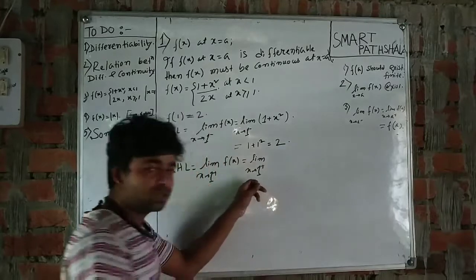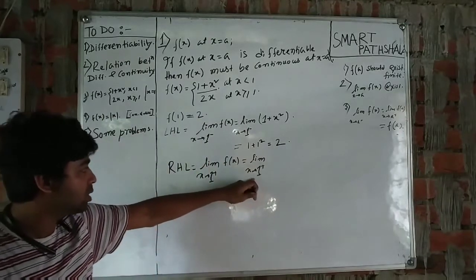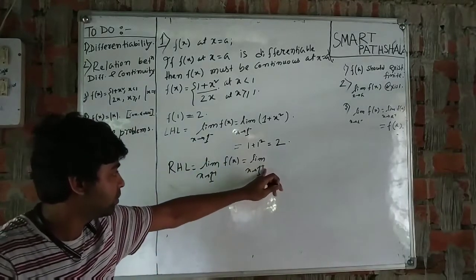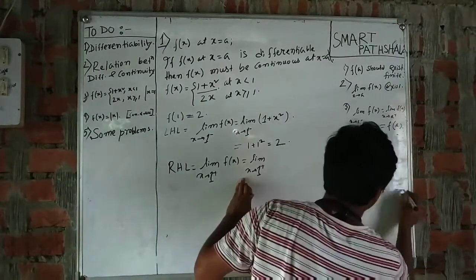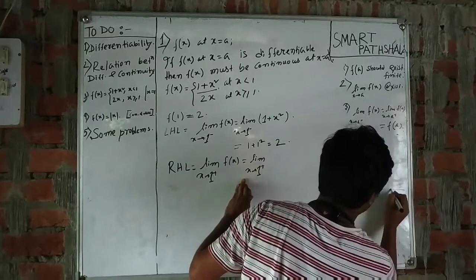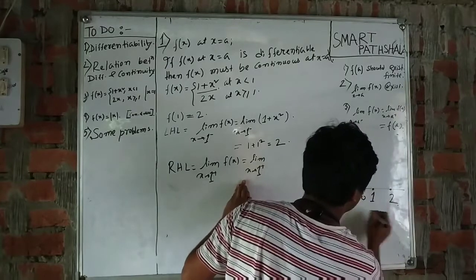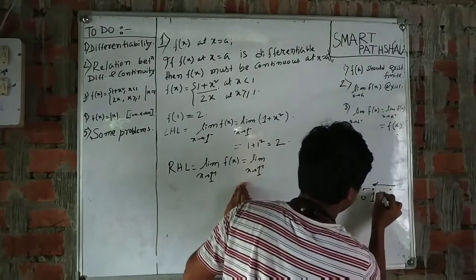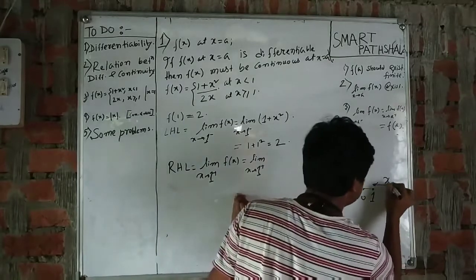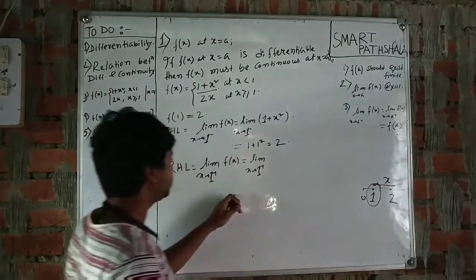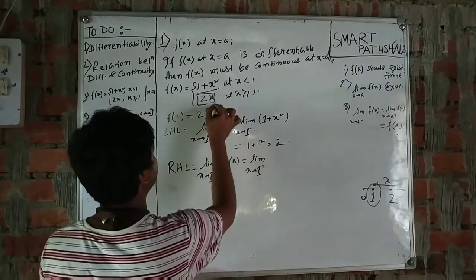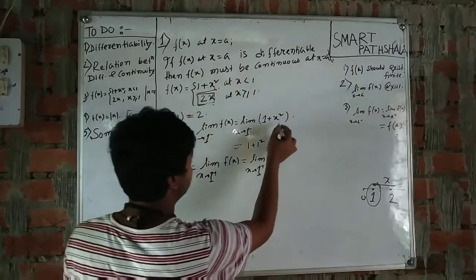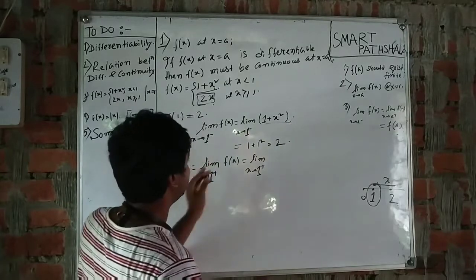If x is tending towards 1 from the right hand direction, because here is a plus sign, suppose this is the number line, and x is tending towards 1 from this direction. So now obviously x is greater than 1. That's why we will put f of x equal to 2x but not 1 plus x square like in the previous equation.